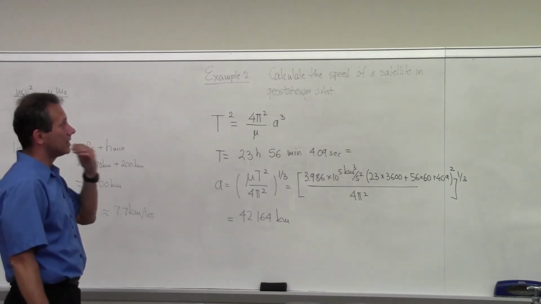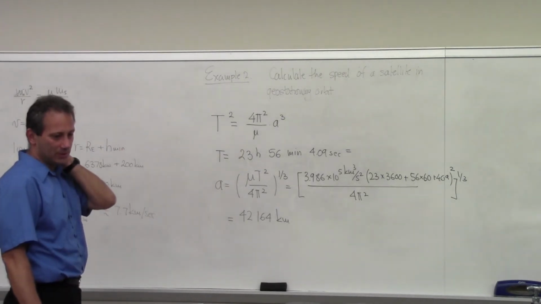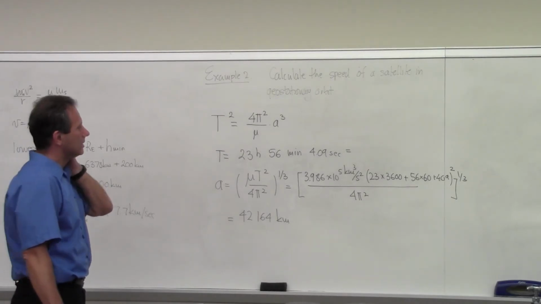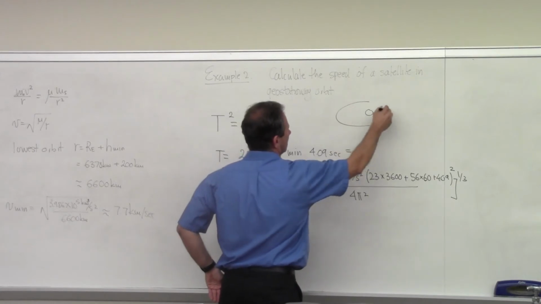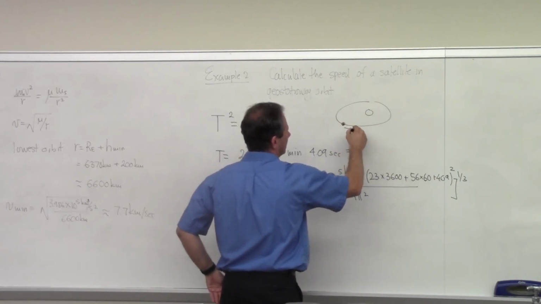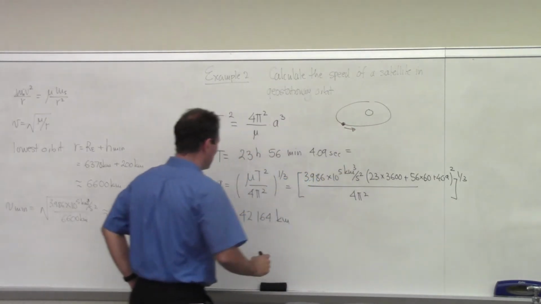The geostationary satellites are in circular orbit, so that's the same as the radius. And then you have the satellite moving around. What is the velocity?